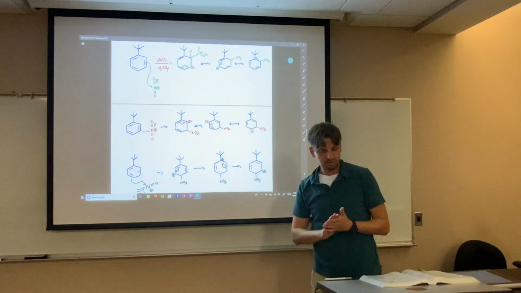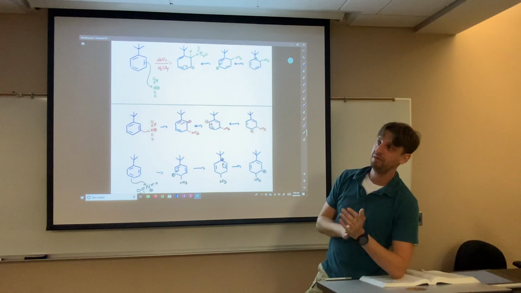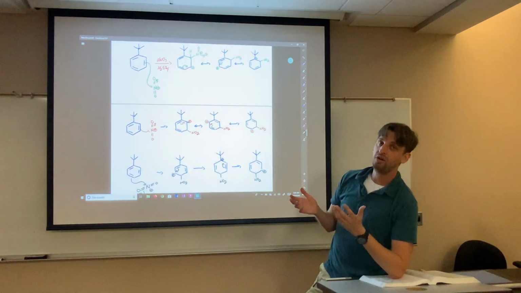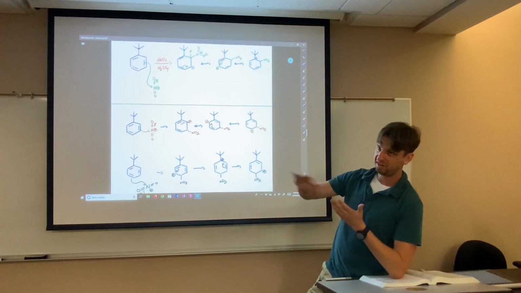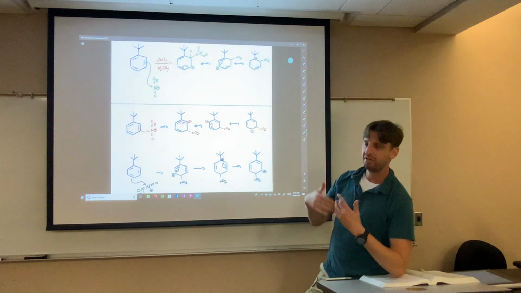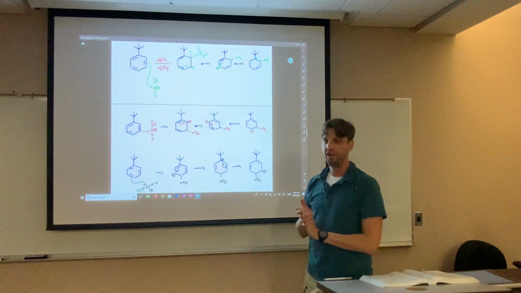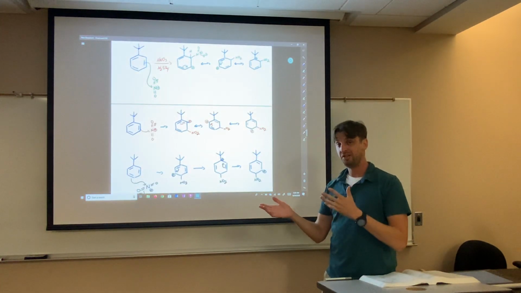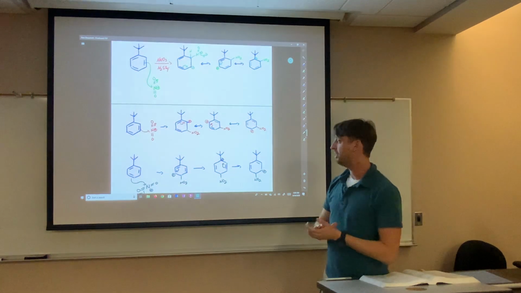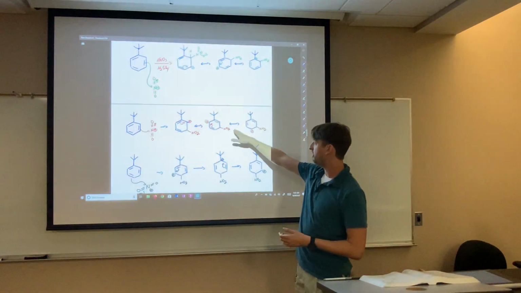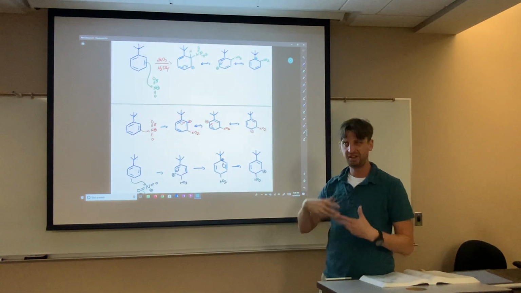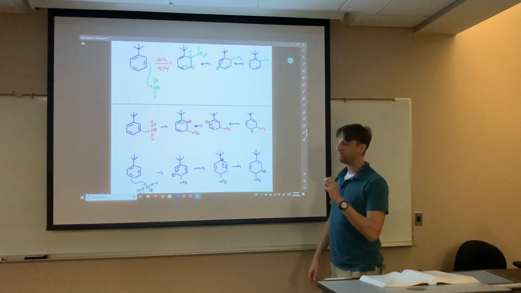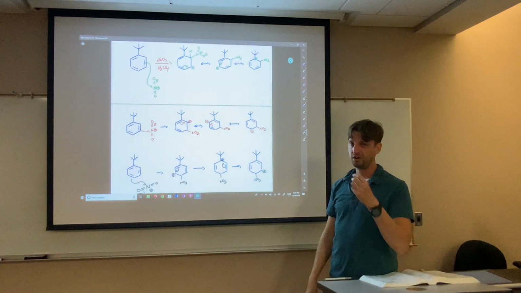Because remember there was this idea that came out of OChem 1 that said the more resonance structures you can draw to spread out a charge, the more stable that becomes, and thus the more favorable that formation of that carbocation becomes, right? I'm not saying it's easy to do, it's just easier to do, right? So 3 resonance structures, 3 resonance structures, 3 resonance structures. So it's not the amount of resonance structures that makes a difference. The difference comes from where that positive charge is.